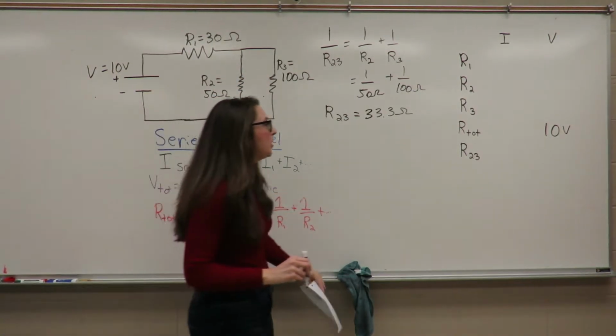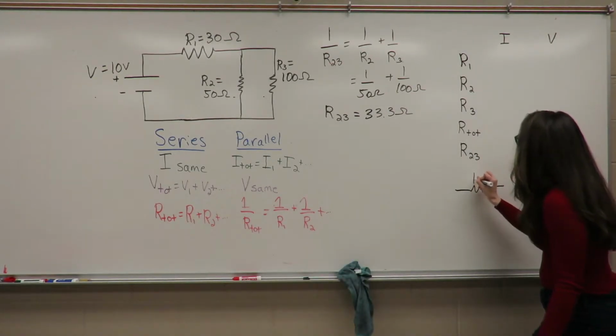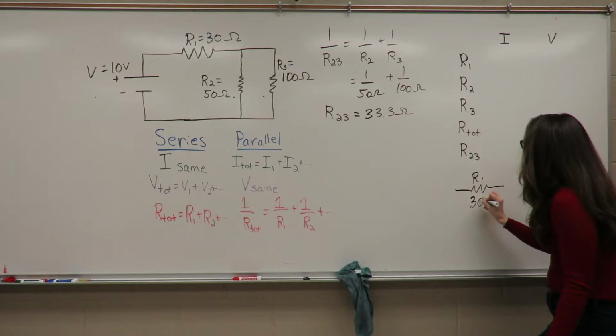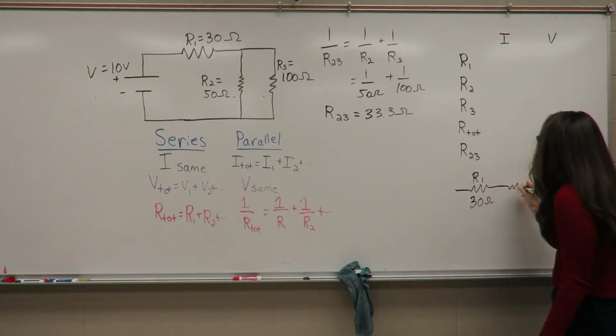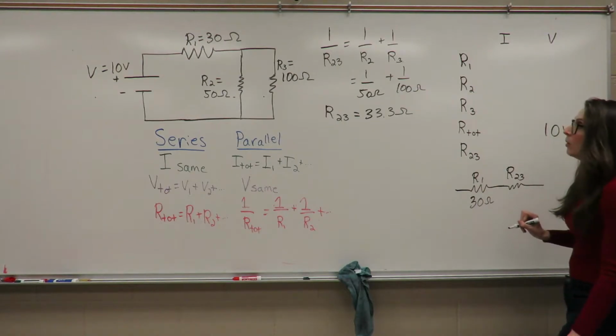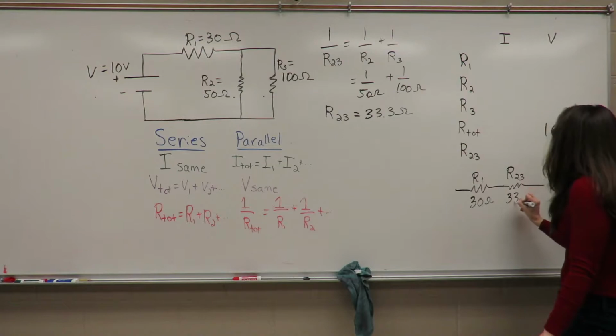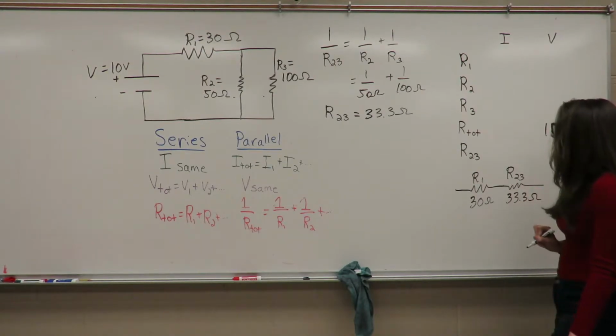Okay, so if I were to redraw this combination of resistors, it would look something like this. I'm going to draw it over here. So I have my first resistor, R1, with 30 ohms of resistance, now in series with my equivalent resistance, R23, which is the combination of these 2 in parallel, and that has a resistance of 33.3 ohms.